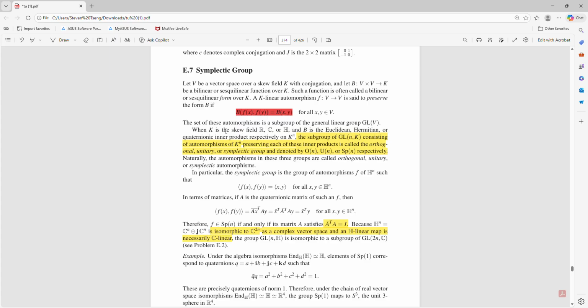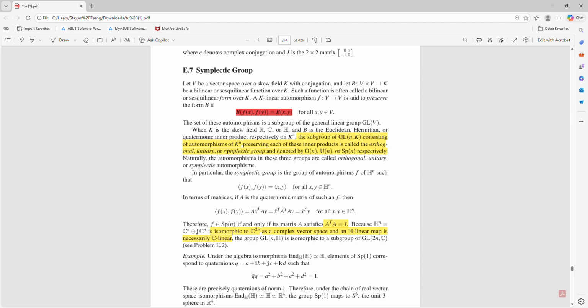When K is the skew field R, C, or quaternion numbers, and B is a Euclidean, Hermitian, or quaternion inner product space on K^n, the subgroup of GL_n(K) consisting of automorphisms of K^n preserving each of these inner products is called the orthogonal, unitary, or symplectic group.